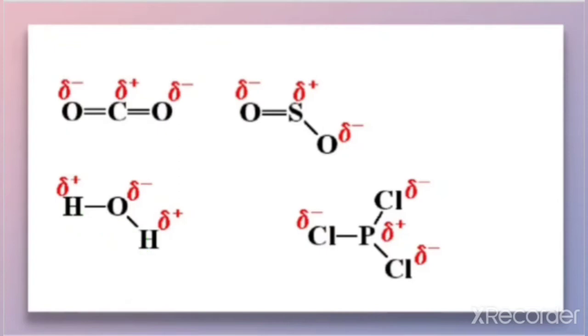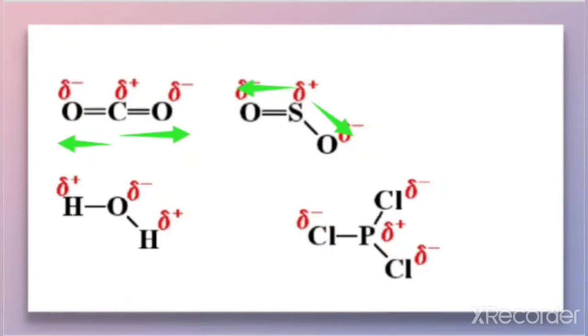What about the case of carbon dioxide? Because oxygen is more electronegative, the arrow will be towards oxygen, and here also towards oxygen. In the case of SO2, the arrow will be towards oxygen, and here also towards oxygen.